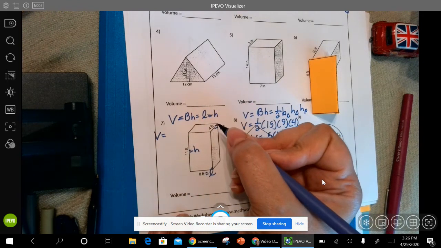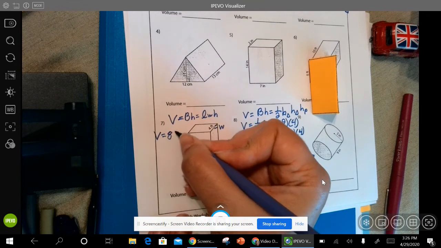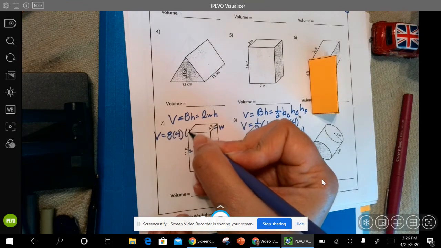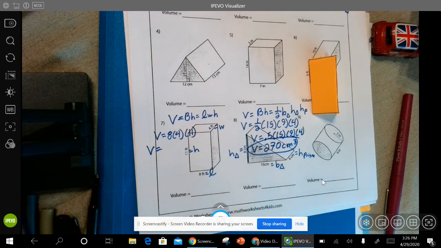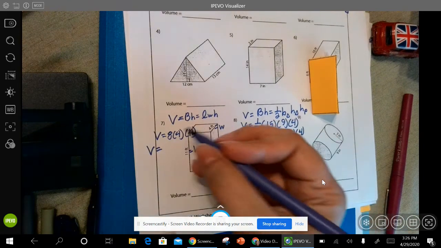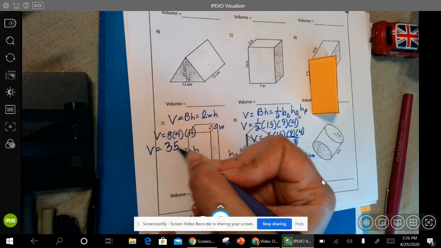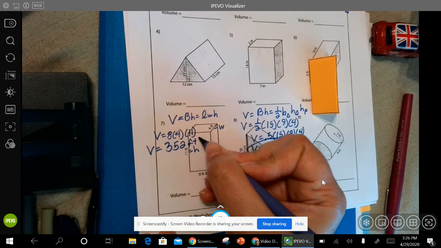So we're just going to multiply 8 times 4 times 11. So we get 352 feet cubed.